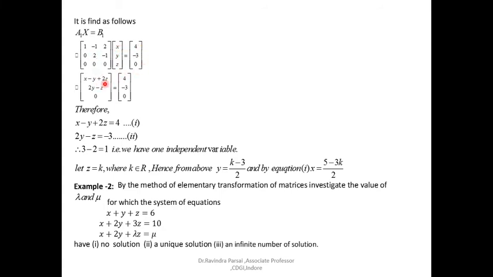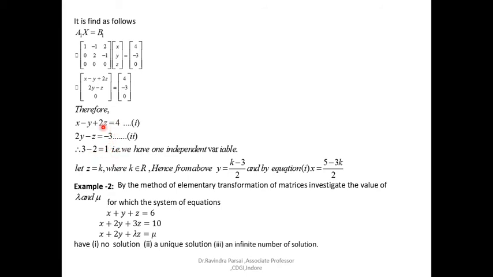Then you multiply, and you get x minus y plus 2z, and 2y minus z, and the last position is 0, equal to 4, minus 3 and 0. So now you can simplify: x minus y plus 2z equal to 4, 2y minus z equal to minus 3, and the last one stays as it is. Now you come to see how this works.